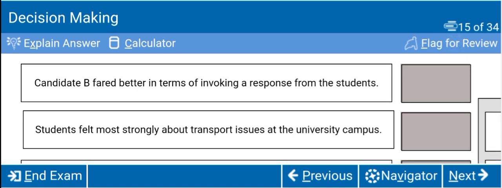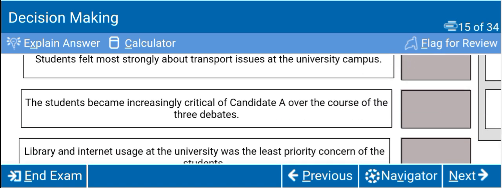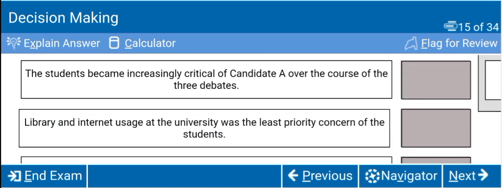So first conclusion we have: candidate B fared better in terms of invoking a response from the students. Second conclusion: students felt more strongly about transport issues at the university campus. Third one says that the students became increasingly critical of candidate A over the course of the 3 debates.